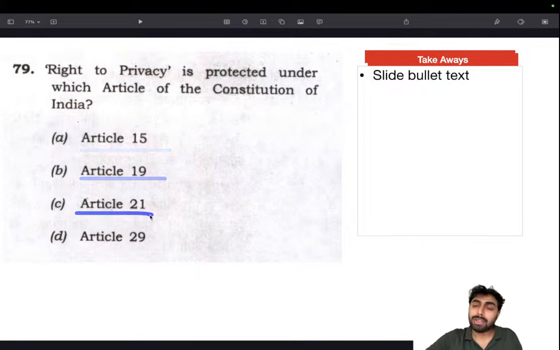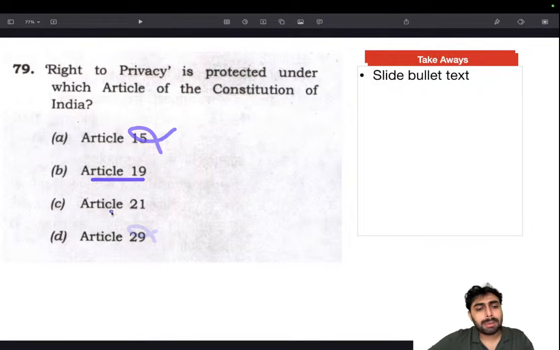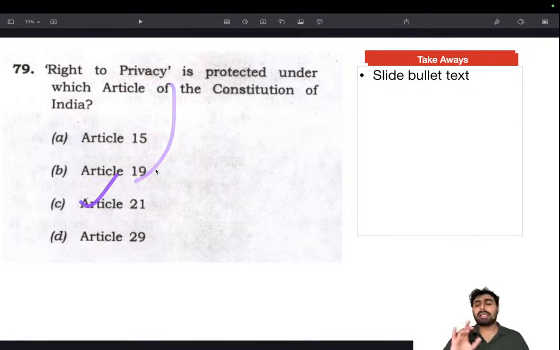Article 21, right to life and liberty. Article 29, minority rights to cultural and educational rights. So cultural and educational rights definitely gone. Right against discrimination, no. Right to freedom of speech and expression, right to life. Right to privacy is more related to the right to life only. So it's Article 21. Article 19 and 21.